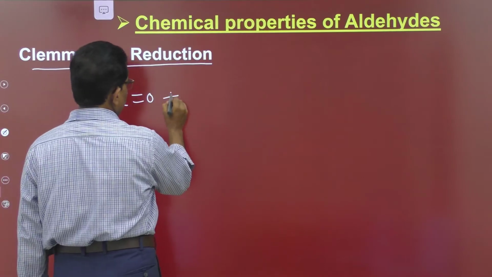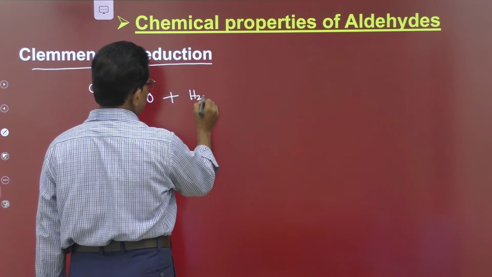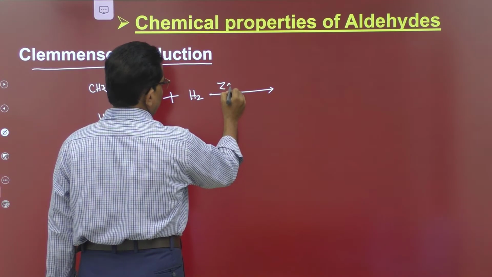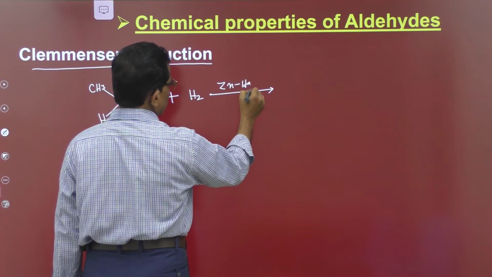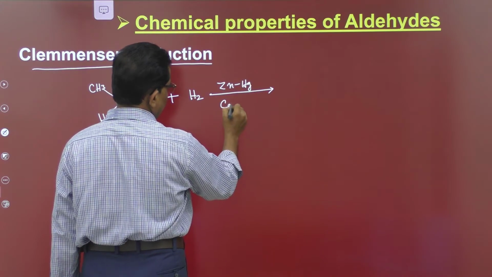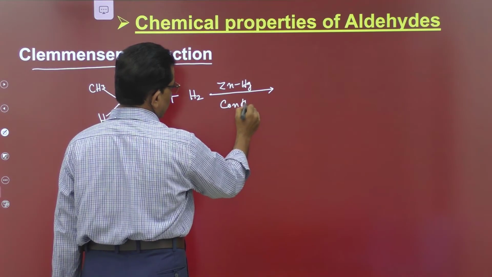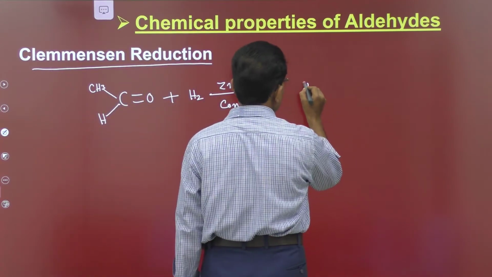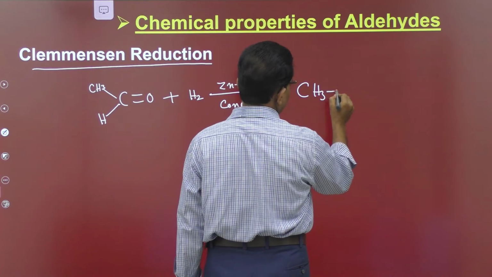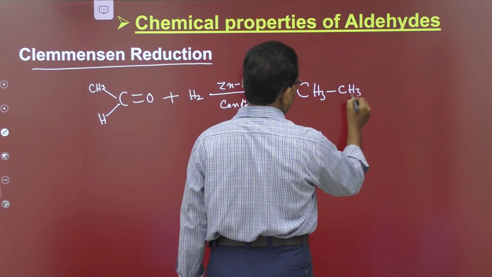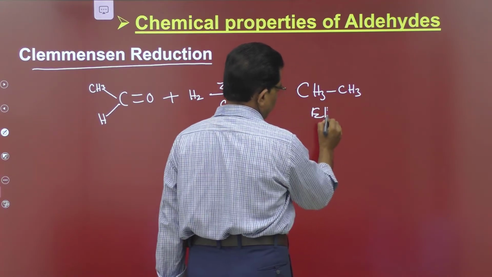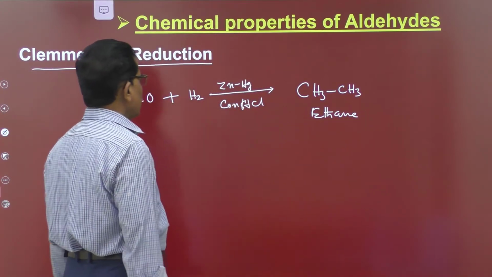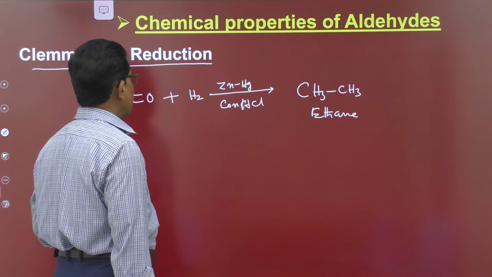This aldehyde is reduced in the presence of zinc amalgam, ZnHg, and concentrated HCl. Then you will get CH3CH3, ethane. So this is the Clemmensen reduction.